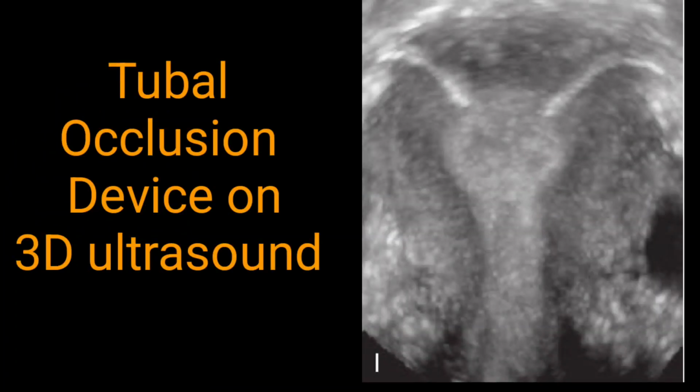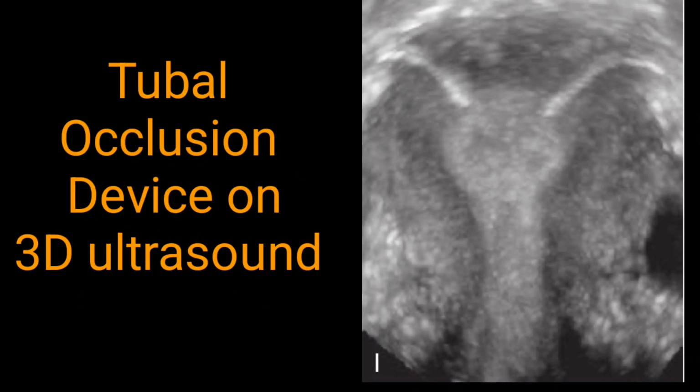This is a 3D ultrasound of a tubal occlusion device, which I have mentioned earlier, that as far as transabdominal scan or transvaginal scan is concerned, you cannot easily appreciate tubal occlusive devices. So the only method to confirm the tubal occlusion is through 3D ultrasound and taking the history of the patient.